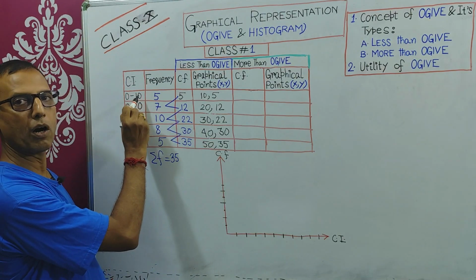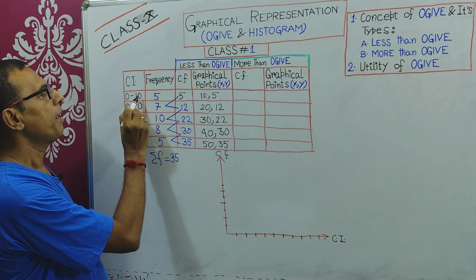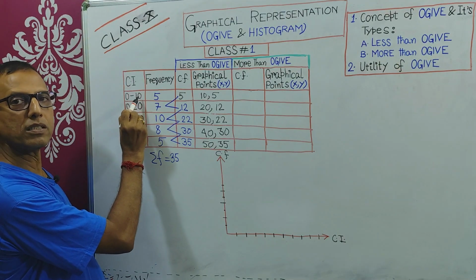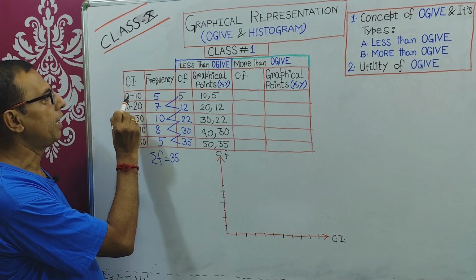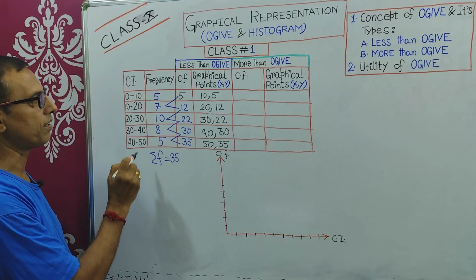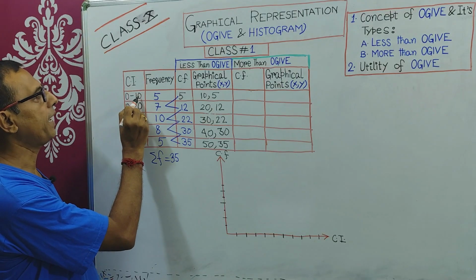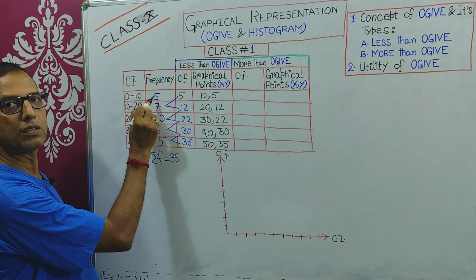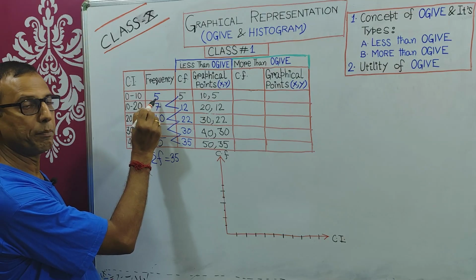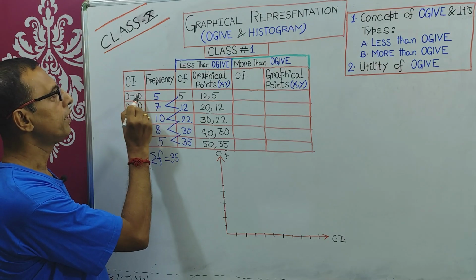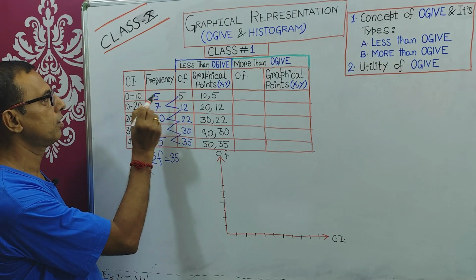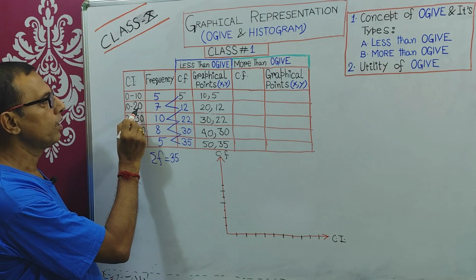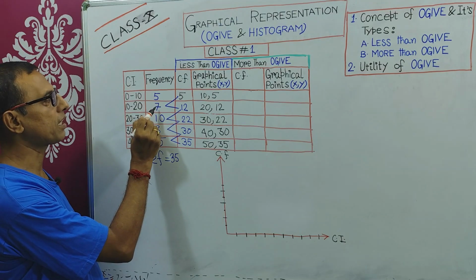If we take the upper bound, that means below 10. 0 to 10 gives the frequency up to 10. So 10 and below, there are 5 data points. Below 20, 10 to 20, you have the frequency 7.